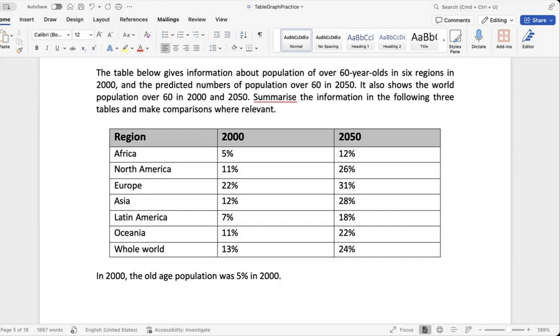It will be increase in 12% in 2050. Is this right? It will increase to 12%. Taran, is that right or no? Just answer yes or no. This language is correct or not correct?